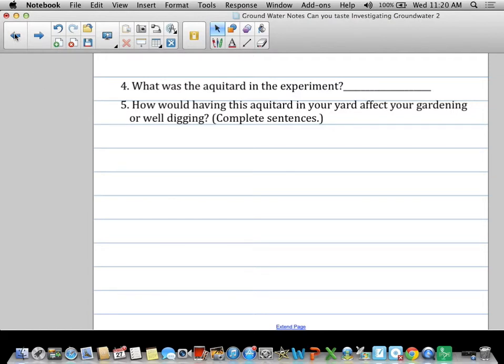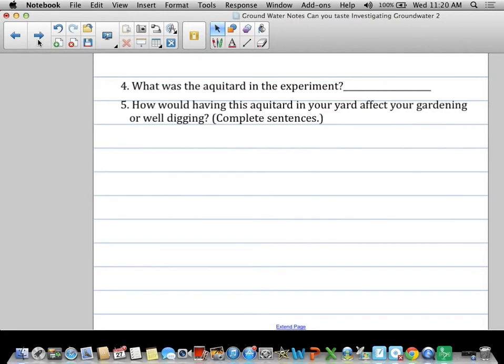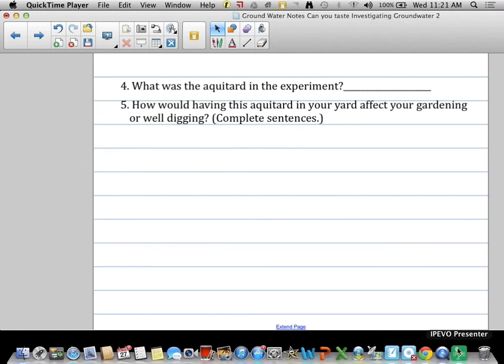So I want you to answer question 3 with a full explanation. Make sure you're using your vocabulary. Then answer question 4 and question 5. Notice it says in a complete sentence, meaning that you must use part of the question, and it also should have some vocabulary in there. Any questions? Okay, then this concludes the lesson, and I want you working on your homework.